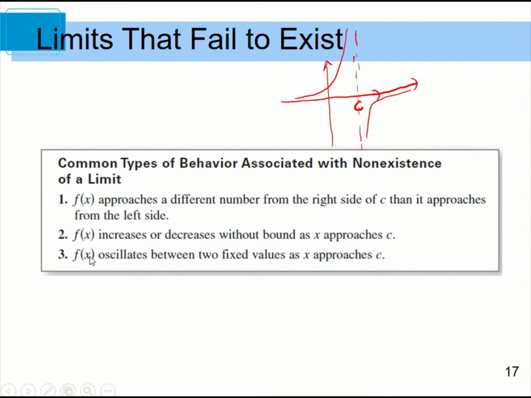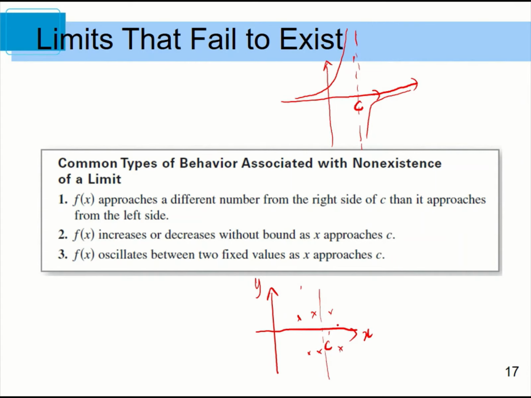Number three, f(x) oscillates between two fixed values as x approaches c. Oscillates means one positive, one negative, one positive, one negative, one positive, one negative.